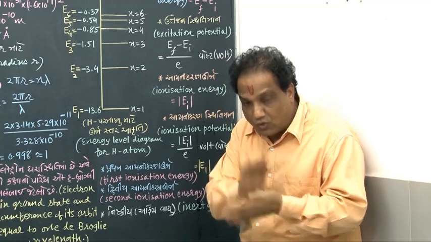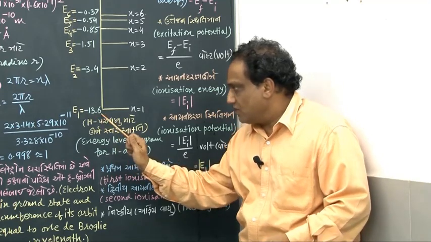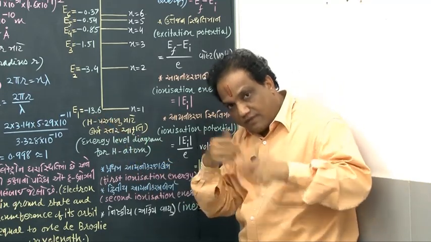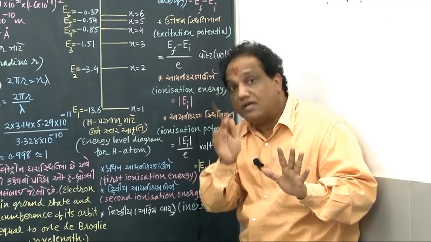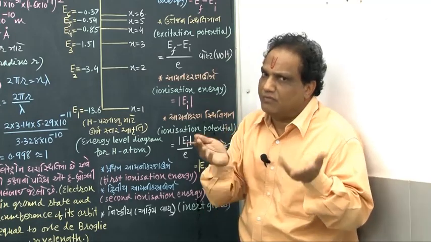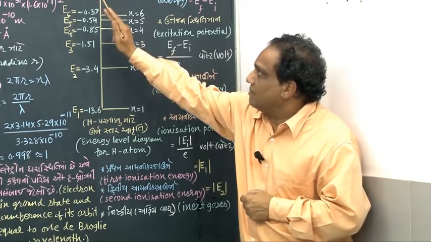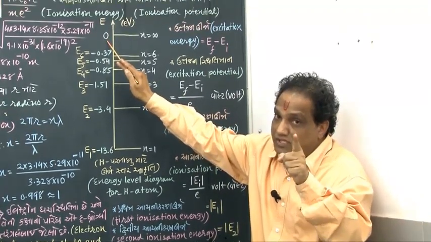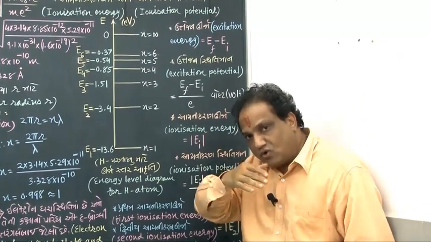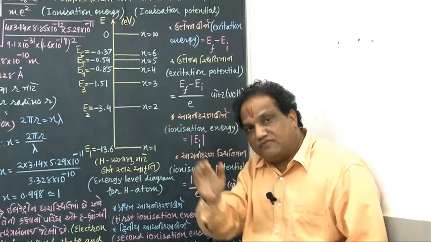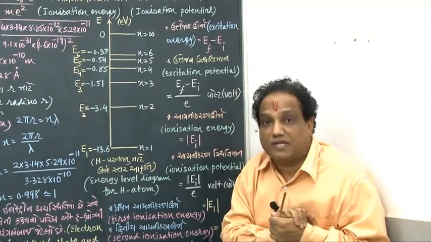So, what would be its total energy? Minus 13.6 it has, and what I am supplying to it is 13.6. So, total will be minus 13.6 plus 13.6, that would be 0. And when total energy becomes 0, the principal quantum number has become infinite, meaning thereby it has gone to infinite distance from the nucleus.